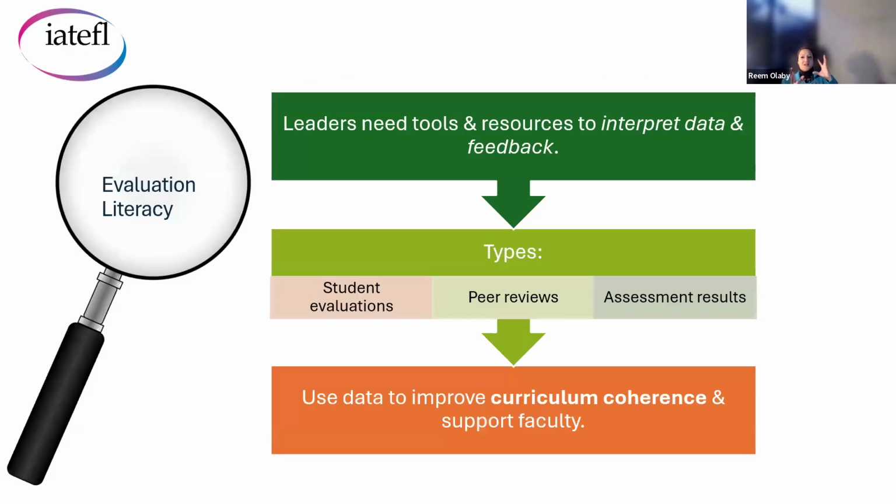Okay, so we know that backward design helps us align outcomes, assessments, instructions, but once those systems are in place, how do we know if they're actually working, right? That's where evaluation literacy becomes really essential for education leaders. And evaluation literacy means having the tools and resources to interpret data and feedback meaningfully.